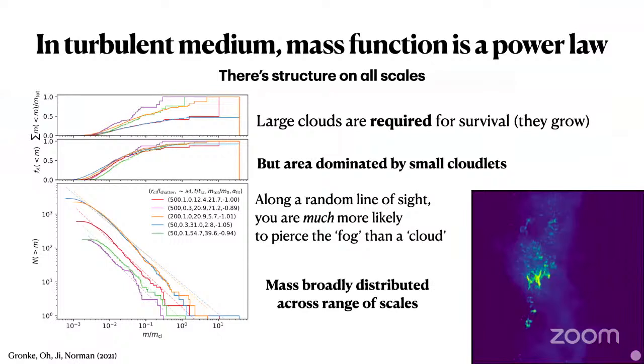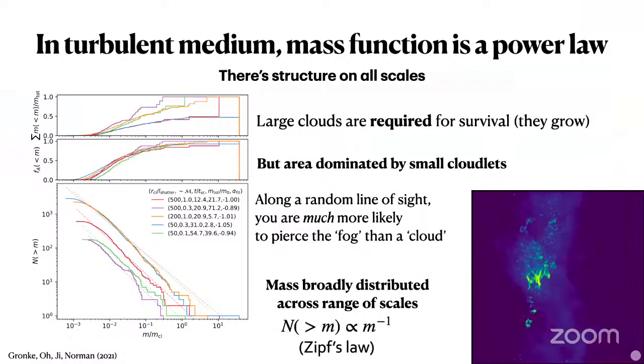That means you have mass broadly distributed across a range of scales. So you get the large clouds that are required for survival, but those also fragment into small clouds which do not survive, but they dominate the area. So you can cover a lot of area even though you have a small volume filling fraction.